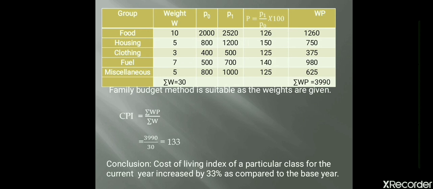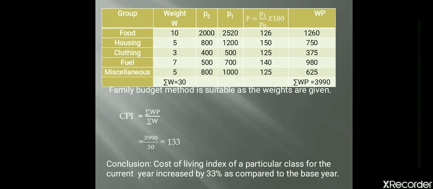Now let us calculate the next column with the heading W into P. Here we multiply the price relative values with the corresponding weight in the weight column.